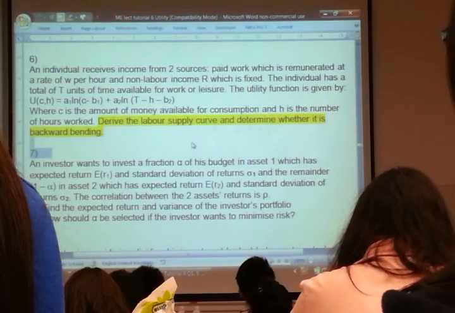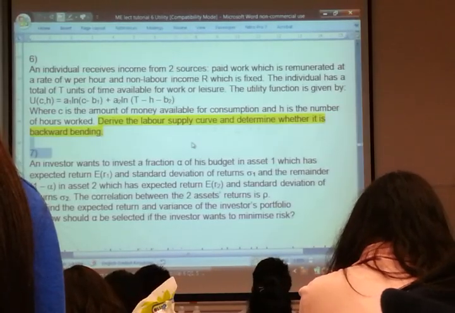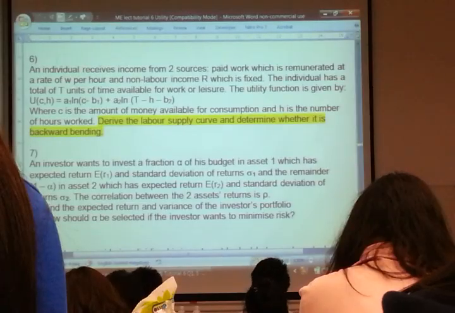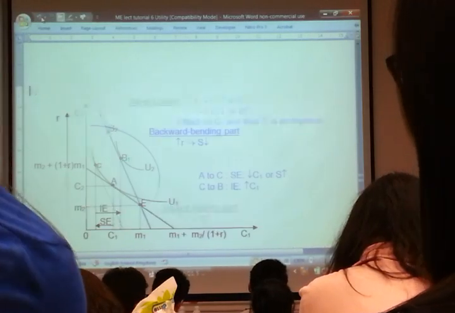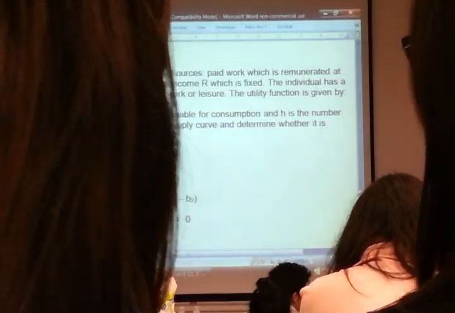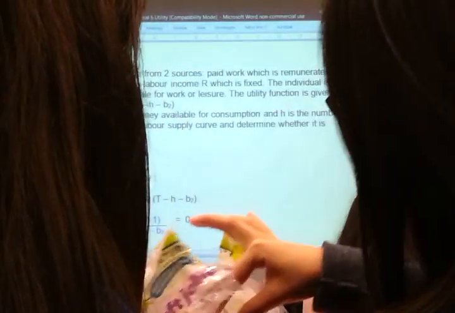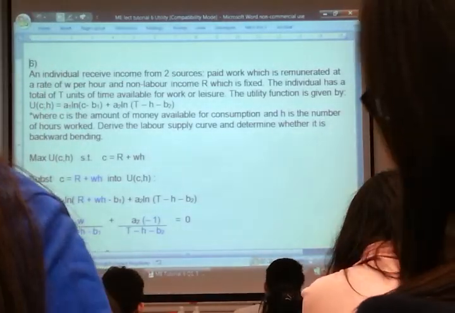So how do you do it? Of course, the fastest way is still the same. So write down the utility function so that we can solve it in mathematics.